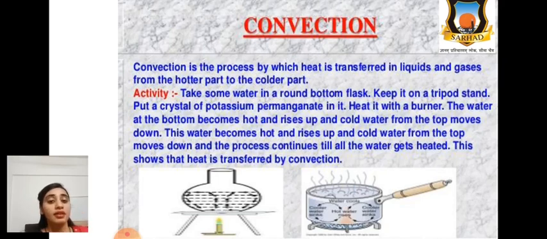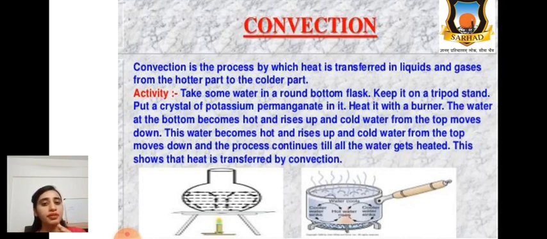See, listen, you can do this activity at your home in this way. Take a kettle and put some water in it, switch on the gas burner and put the kettle on that. Now switch on the gas. When heat is transferred to the kettle, the water at the bottom starts heating.